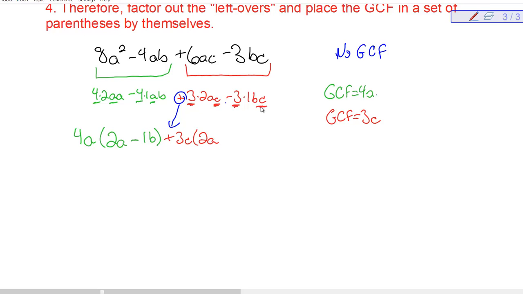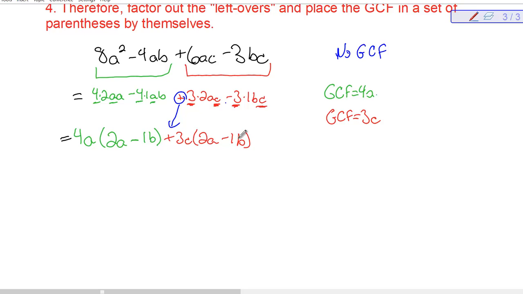I took the 3 and I took the c, so that leaves me with a negative 1b. Now, as I said before, hopefully, if this works out, our parentheses, our leftovers, will be the same. 2a minus 1b, 2a minus 1b.